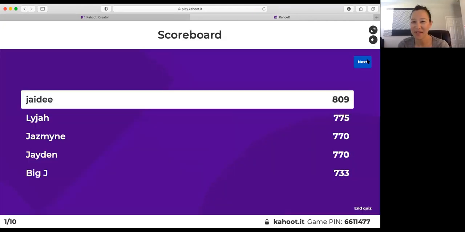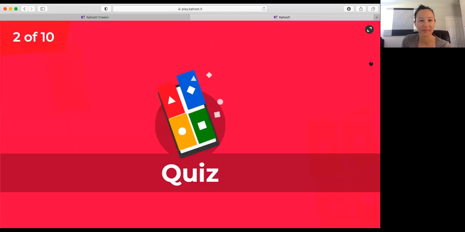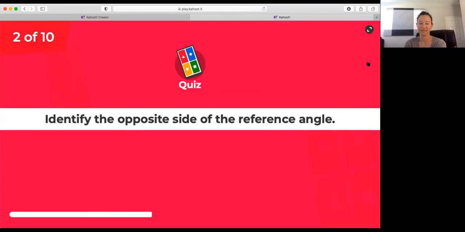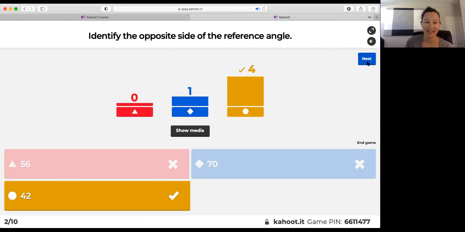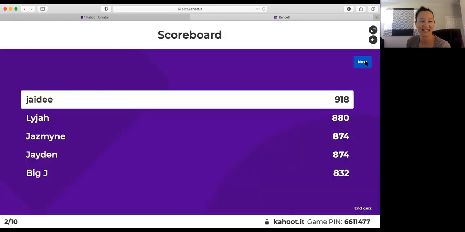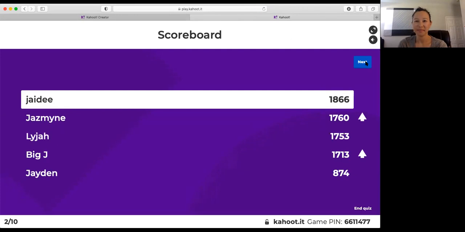Let's see who's the fastest. Ooh, Jade, good job. Okay, which one's the opposite side? Yep, 42. Ooh, Jade, good job. Jasmine, Elijah.